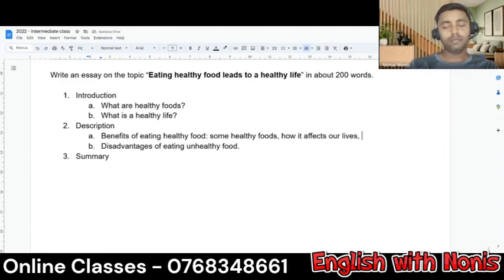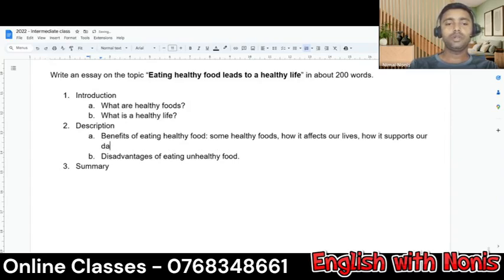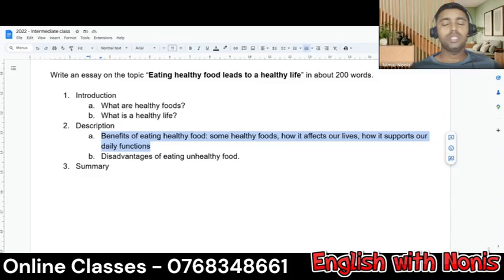That is another thing that we can include. What else we can say? How it supports our daily functions. Now, these are the things that we are going to include under benefits of eating healthy food. So this is a paragraph.